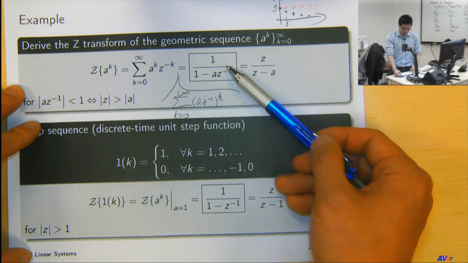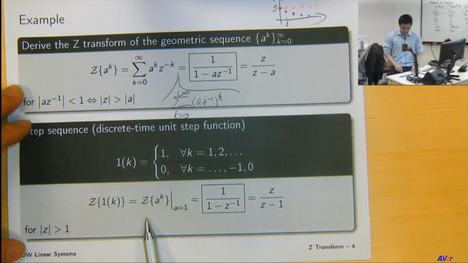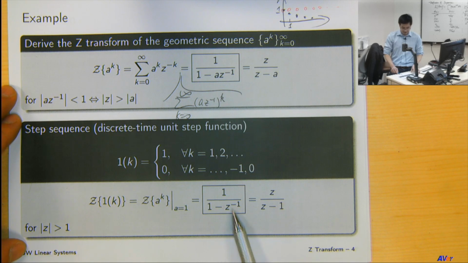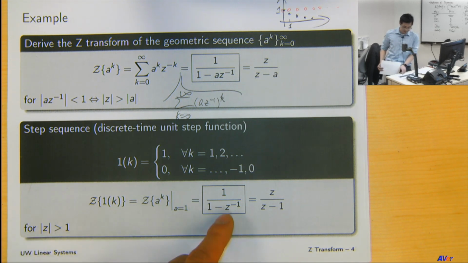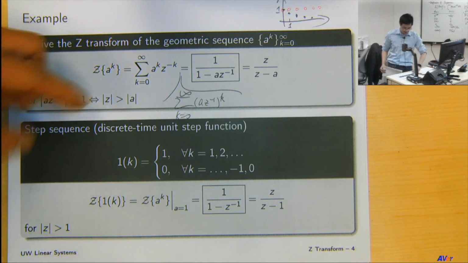So we can use this formula quickly to obtain the z transform of a step signal: 1 over 1 minus z to the power of negative 1, or z divided by z minus 1. The region of convergence is that z must be larger than 1, so it's just letting a be 1, and it's going to be here.